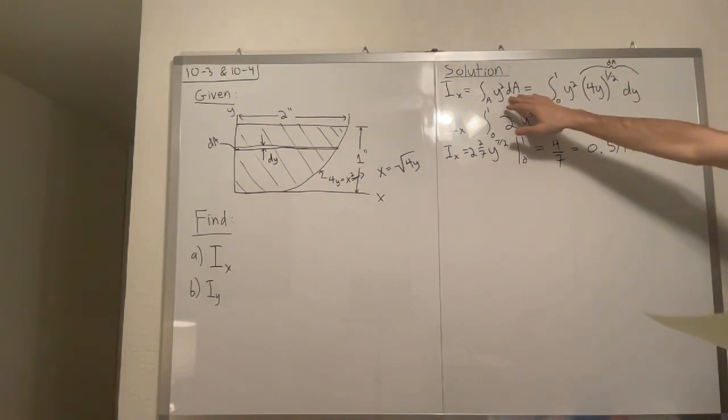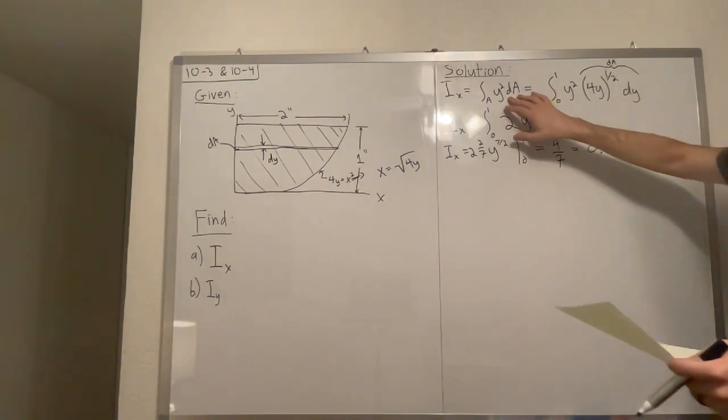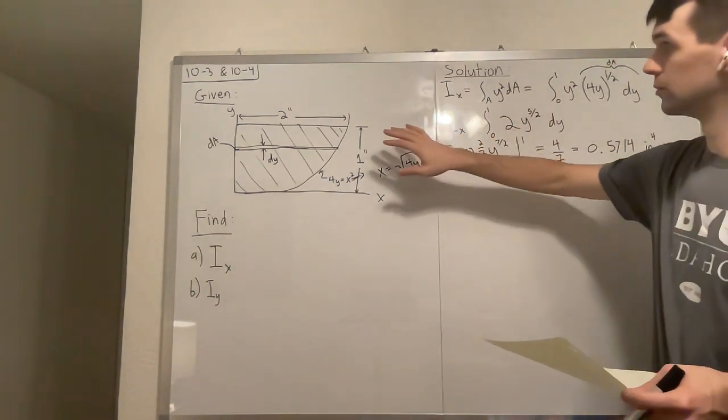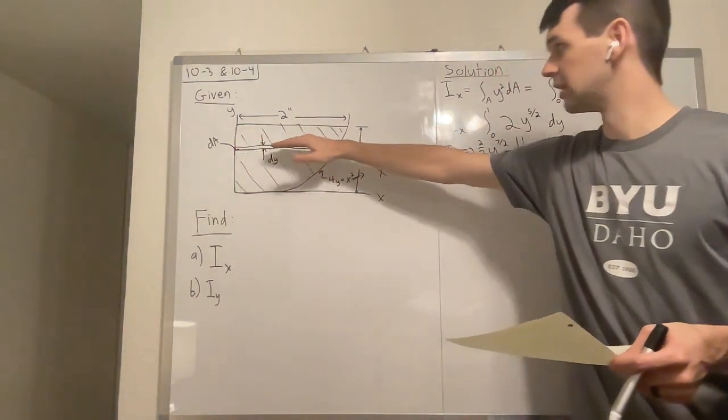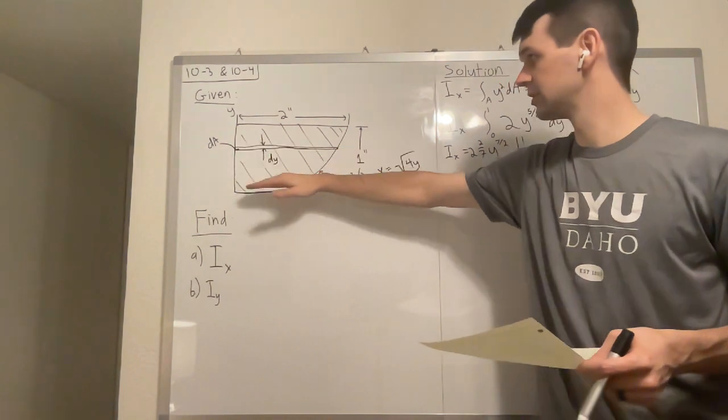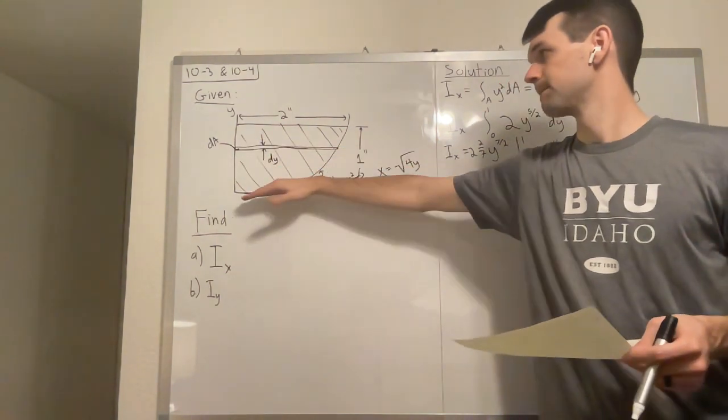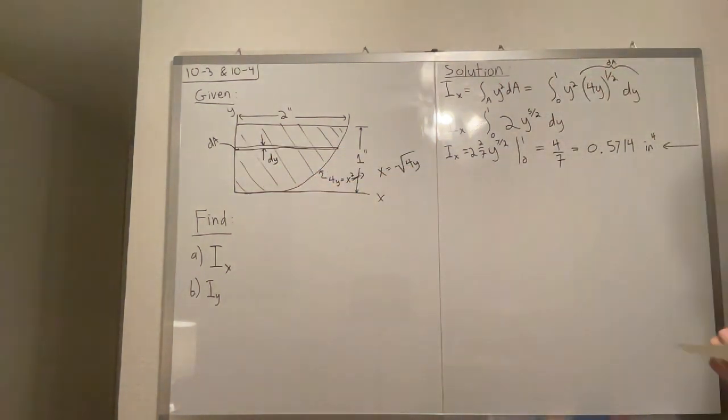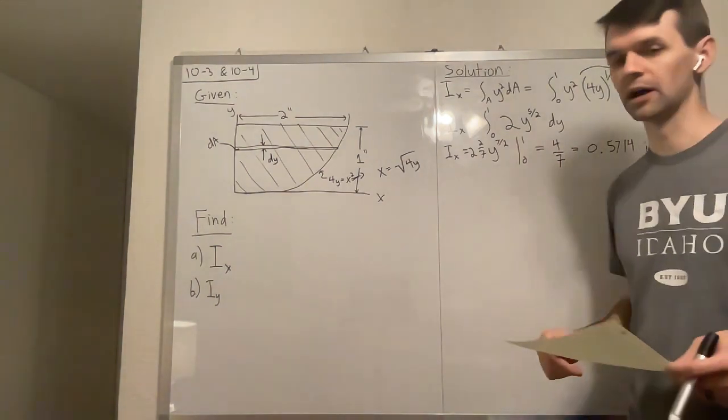But again, when trying to figure out what dA to use, we want to use a cut that is parallel to the axis that we are trying to find the moment of inertia about.